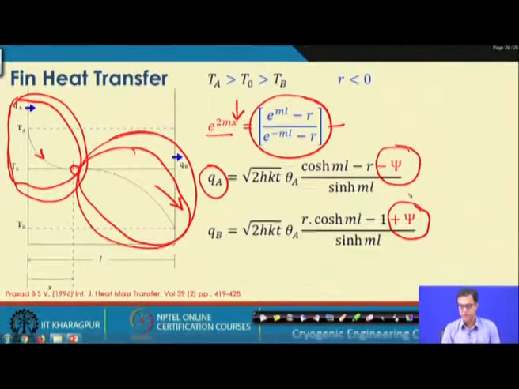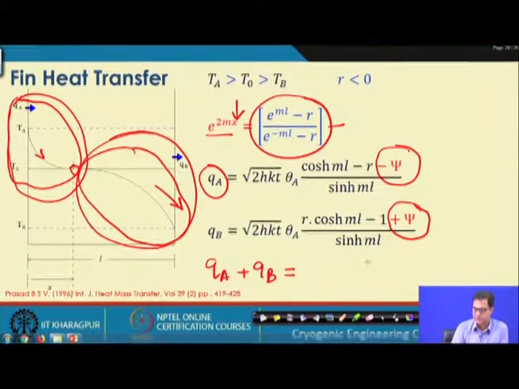So, these terms will be added to this, so that you find that this Q A plus Q B remains the same as earlier, because these two terms will cancel each other when we combine them, that is, Q T remains the same, but the individual heat transfer Q A from the plate A and from the plate B becomes slightly different.